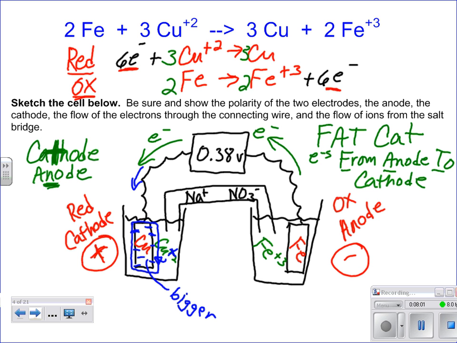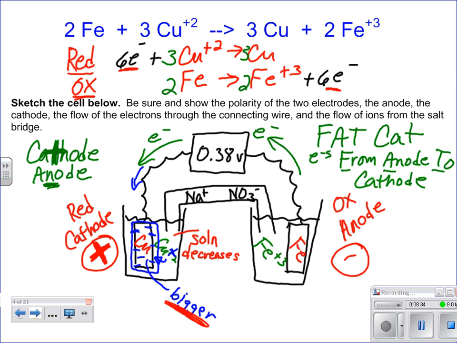It increases in size. During that process, we see that the solution is going to decrease in amount because all of those ions are precipitating out of solution. So the solution decreases. Maybe you want to remember that this electrode gets bigger, and that happens to be the positive charge.